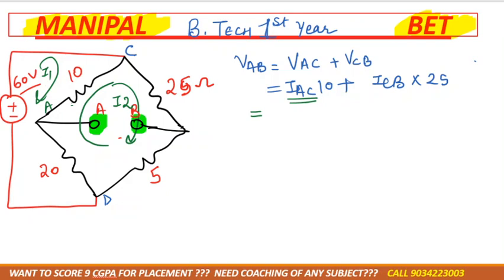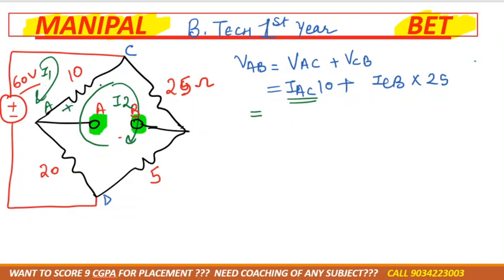If it's in the middle branch, then there will be flow of double current, and if it's in the corner branch, then there will be flow of single current. Okay, it's a double.